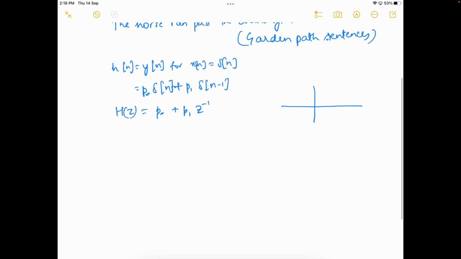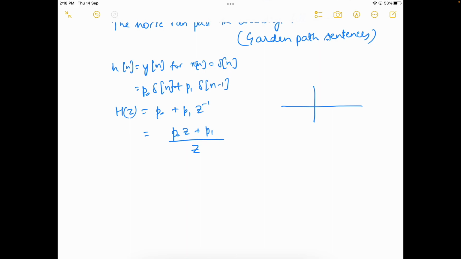Because it's P naught Z plus P1 upon Z, it has got one pole and one zero. Where is the zero? Minus P1 upon P naught. And where is the pole? Pole is at 0. These poles and zeros are the most important things in an analytic function.